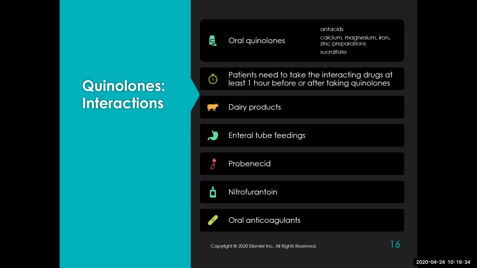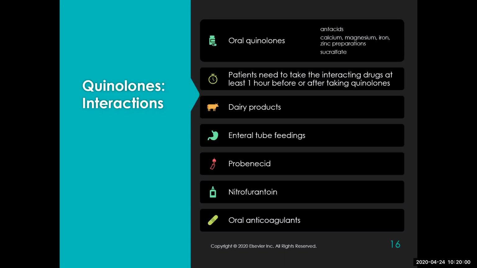So if somebody is taking calcium, magnesium, iron, things like that, and acids, they need to take whatever it is that's going to interact with the quinolone at least an hour before or an hour after taking their quinolone drug. Dairy products also reduce the absorption, so it's best to take it with 8 ounces of water. Don't have any dairy for at least an hour.